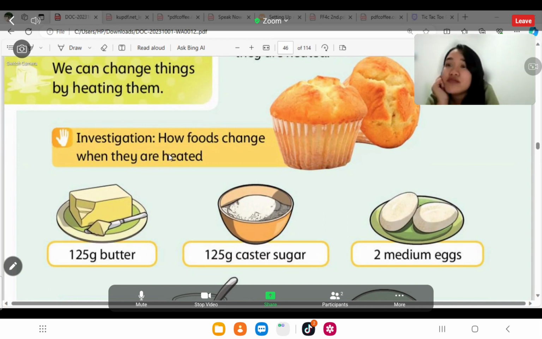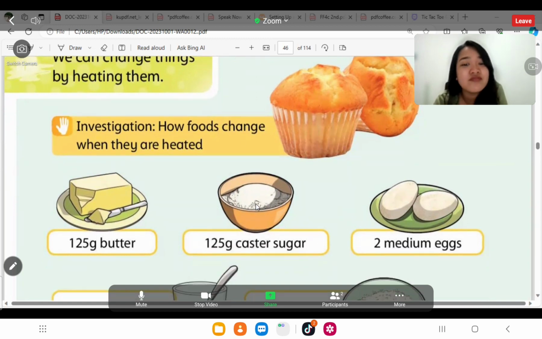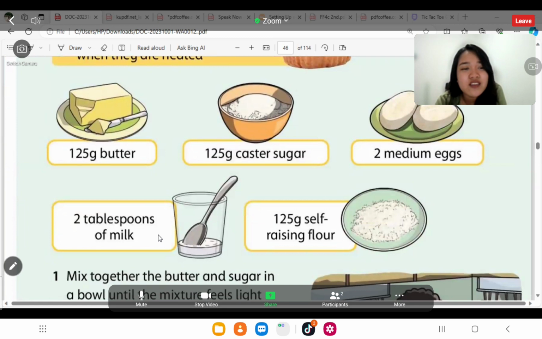So first, our ingredients: butter, and two medium eggs. One, two, five, nine, and butter. 125 grams. Okay, very good. 125 grams custard.